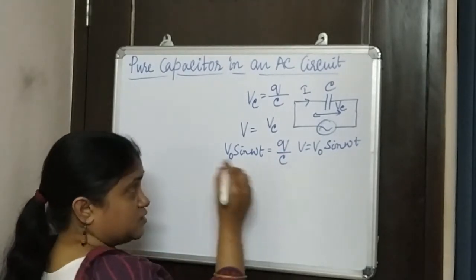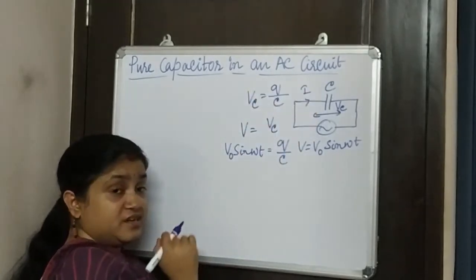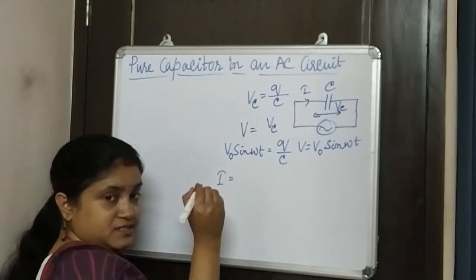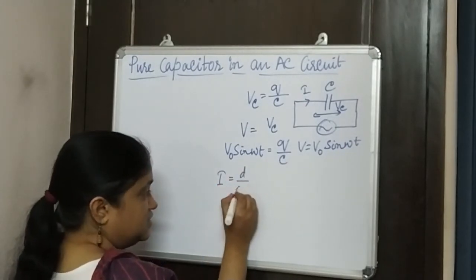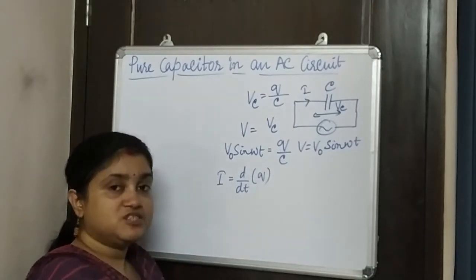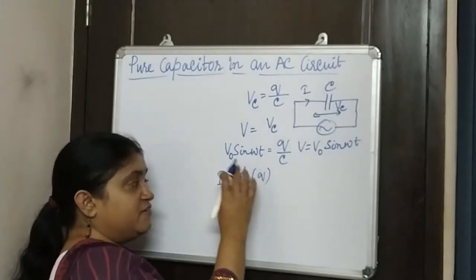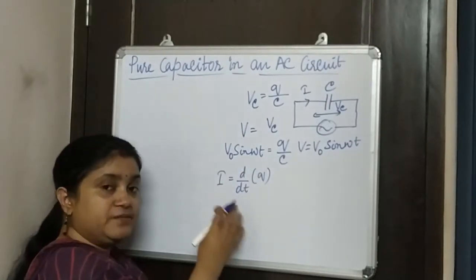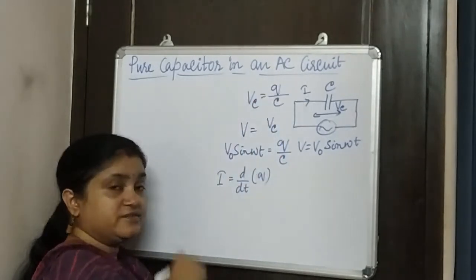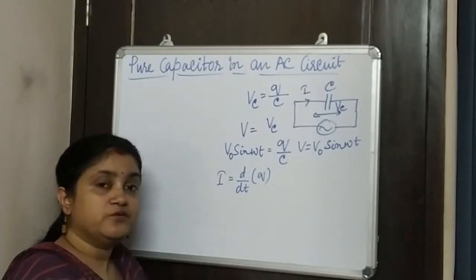Also, now since we want to find the current, we can write current is d dt of Q, the way the charges are. So if I do the time differentiation of the charge, I know what current would come. So that is what we are going to do.